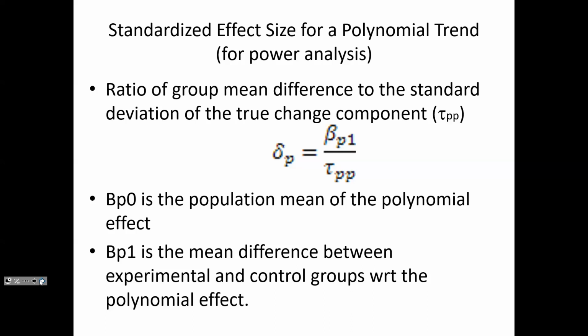For a linear model, you would have this slope, and then you would look at the slope divided by tau 1,1. So this would be your beta coefficient for, say, the slope, beta 1,0, divided by tau 1,1. Because remember, this is really telling you about the between person variance in the slope, right?